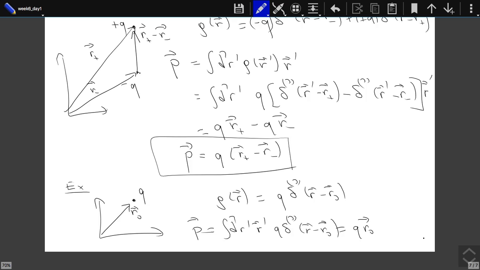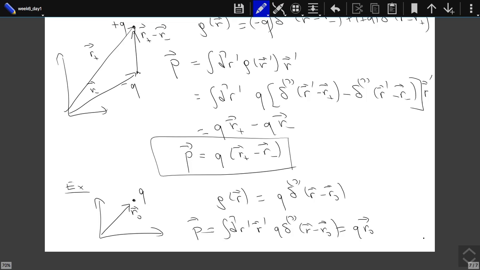But there's another problem. What is this vector r0? Position relative to which point? Relative to this origin.